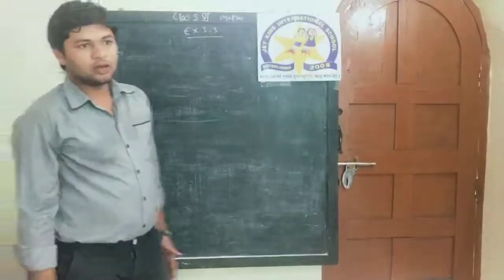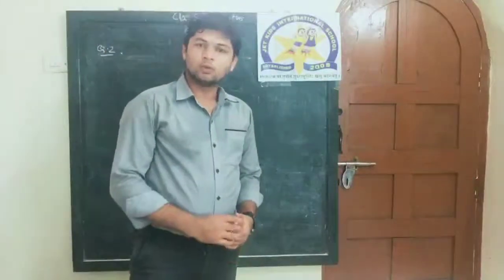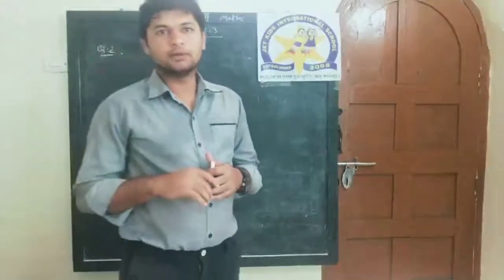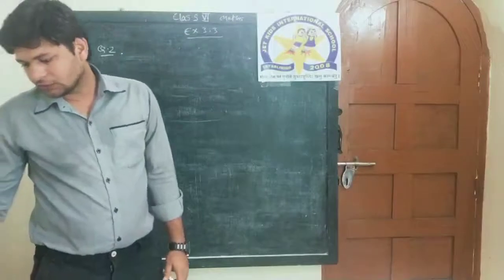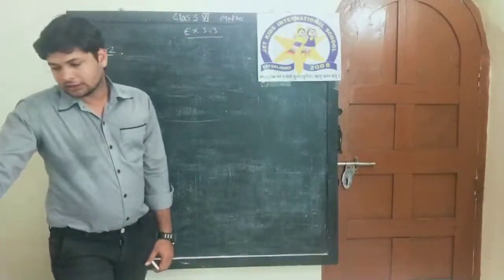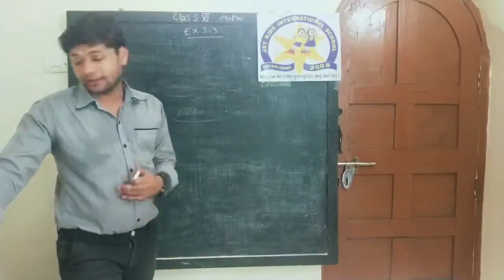I hope all of you have done question number 1. So let us start. Question number 2 is: using divisibility test, determine which of the following numbers are divisible by 4 and by 8.